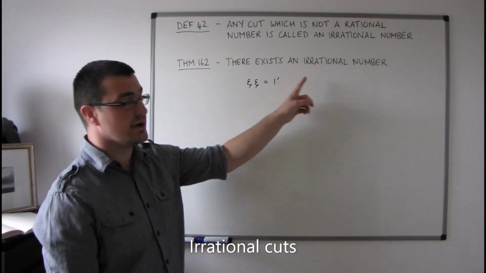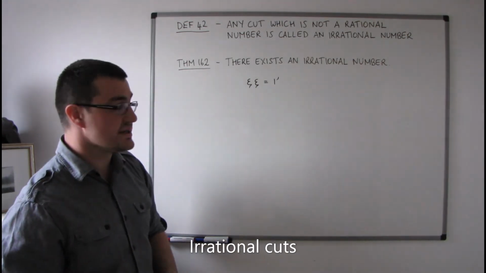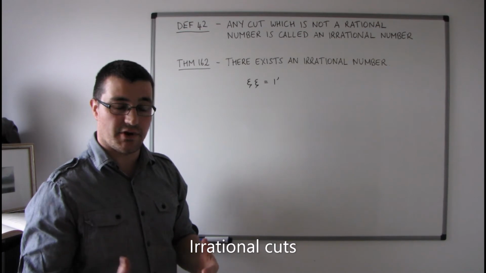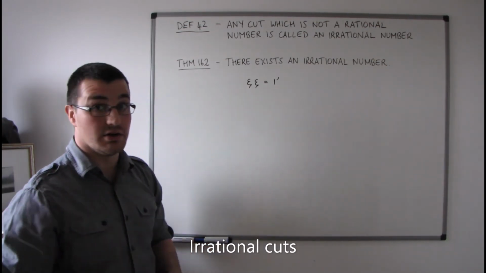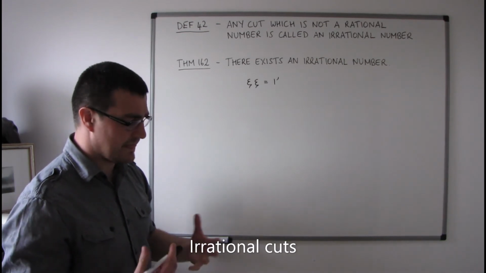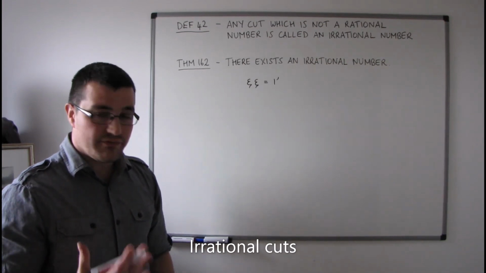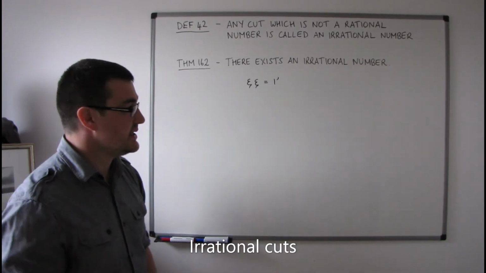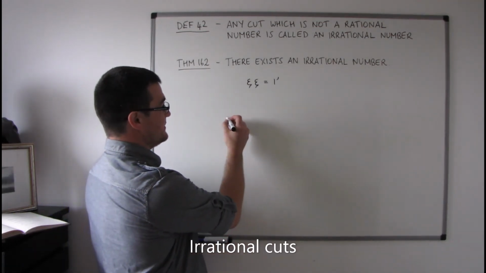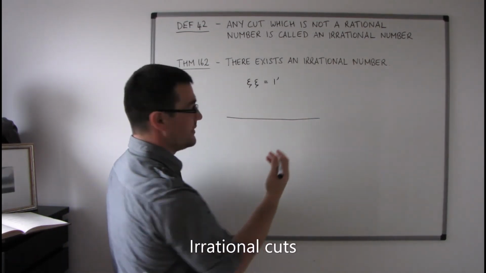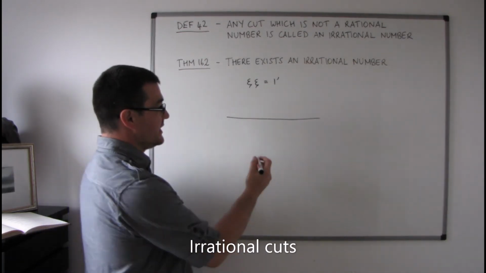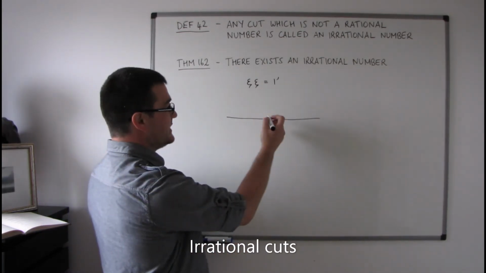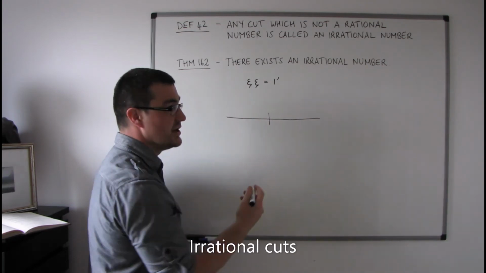So, like I said, I'm not going to go through this. What I just want to touch on just before I finish this video is maybe how to visualize cuts. One visualization that I commonly see is that you think of the real number line, and you literally cut at a certain point.